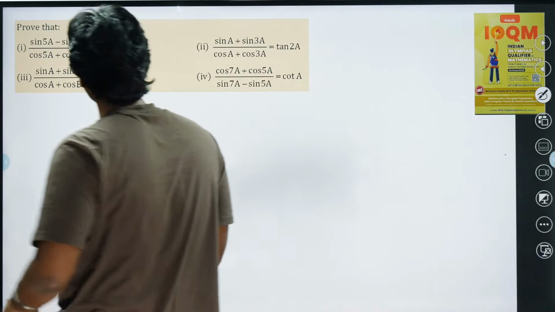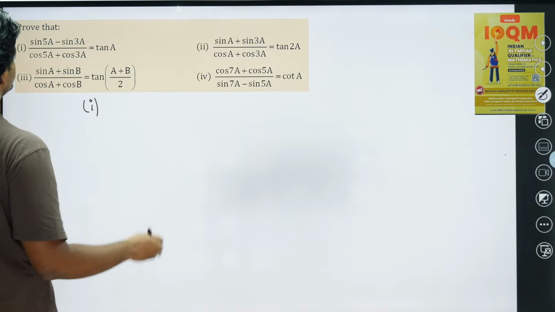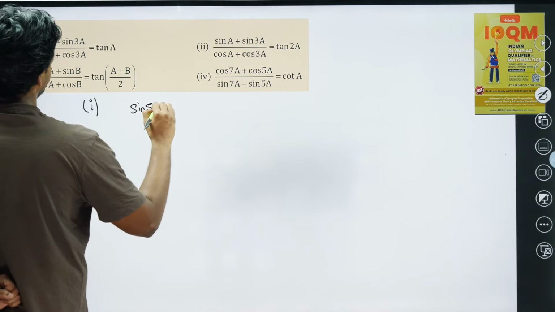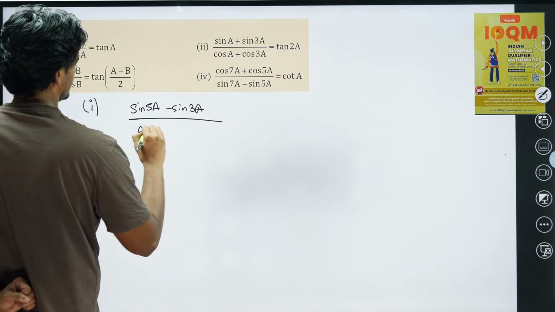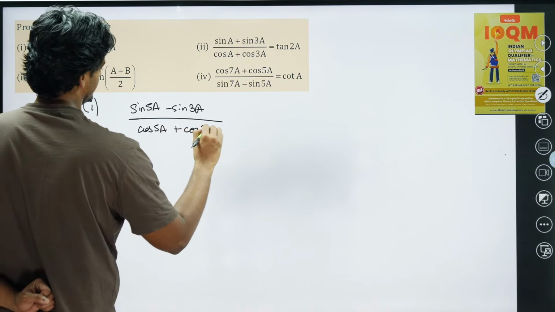Right, so let me start. Maybe you are doing it at your pace, I will do it at mine, and there's a delay. Sine 5a minus sine 3a by cos 5a plus cos 3a.